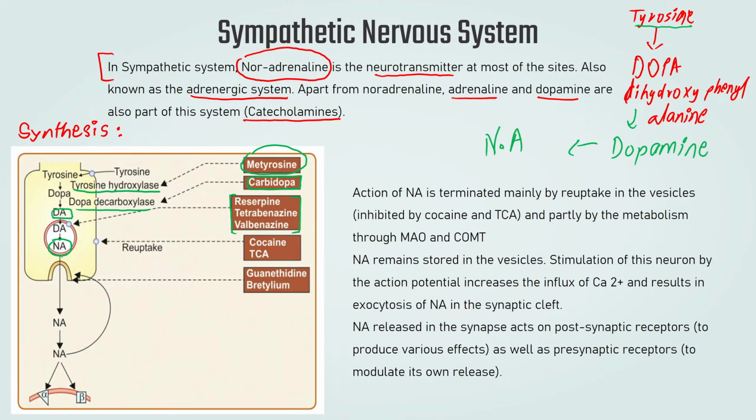And then further conversion of noradrenaline to adrenaline will not take place inside the neurons. Now why does this happen? Why will this conversion not happen in neurons? This will happen in the adrenal medulla but not in the neurons.